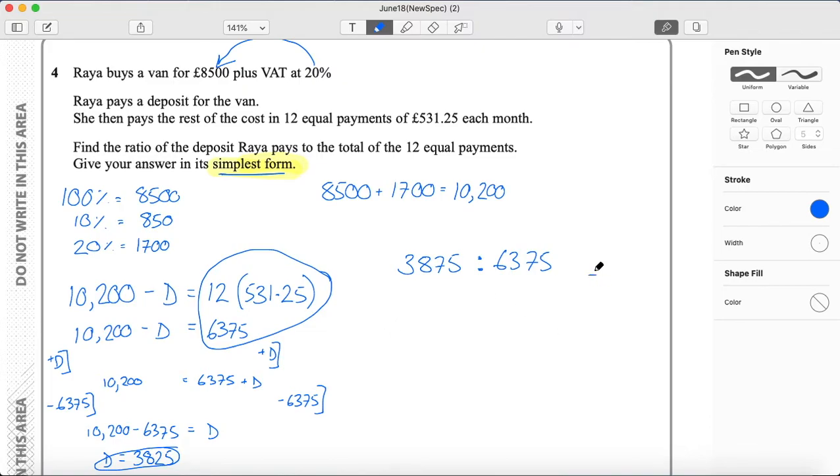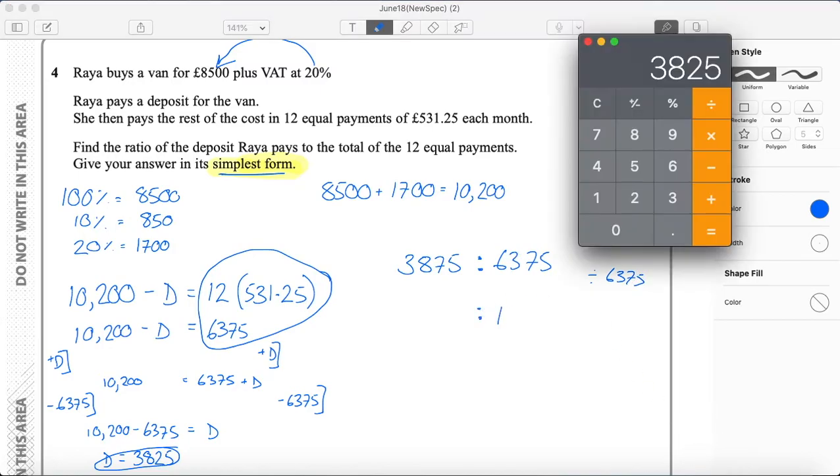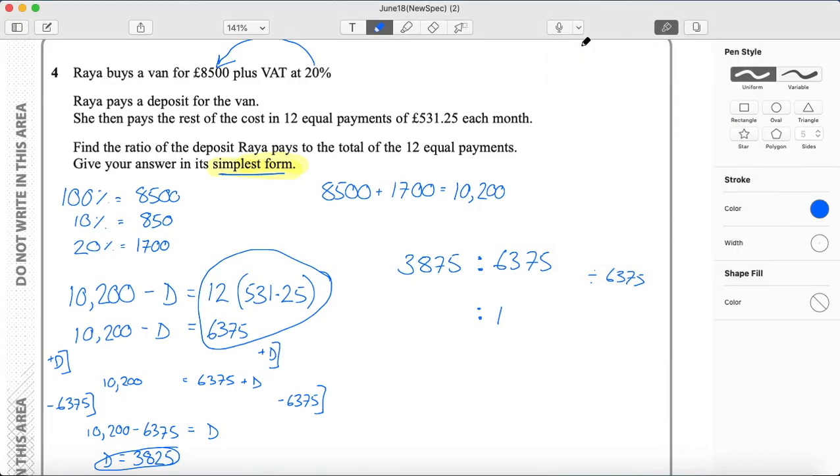So I'm going to divide both sides by 6375, which gives me a 1, because we know if we divide any number by itself it's always 1. And then I'm left with 3875 divided by 637. Sorry, I realised I made a mistake.